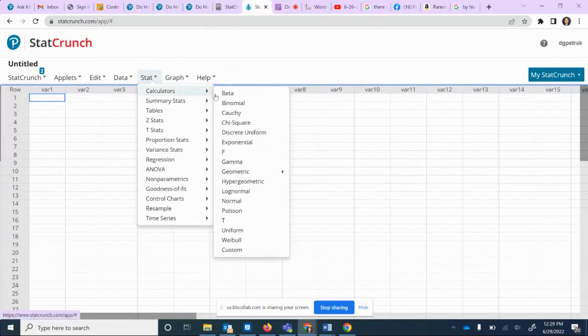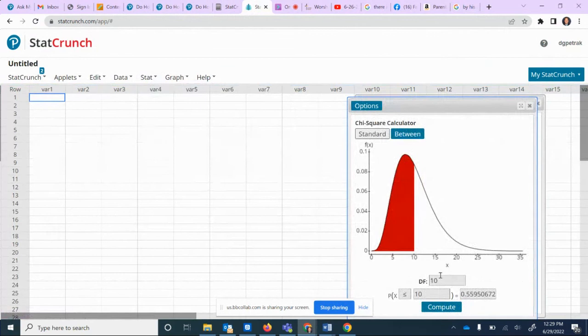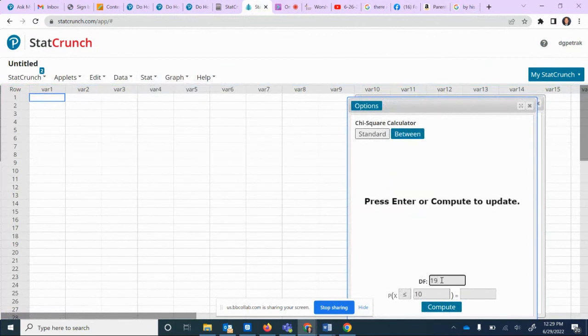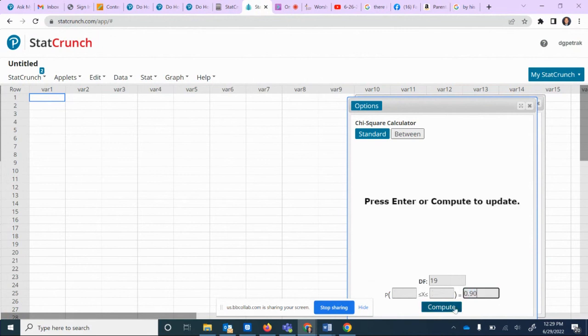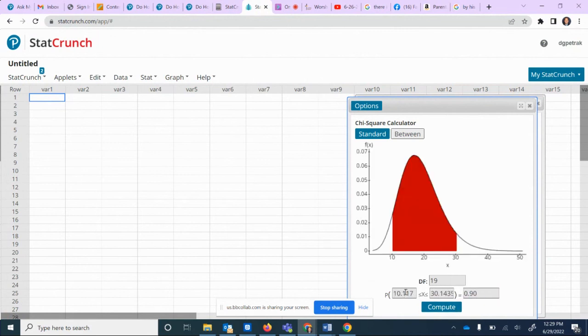Stat, calculators, chi-squared. So we go 19 degrees of freedom, and we're going to go between, and we know that it's supposed to be 90% between, and we hit compute, and there's our chi-squared left, and there's our chi-squared right. So if we do this analysis and we find out the variability is between essentially 10.117 and 30.1439, we would say 90% of the time that fits.